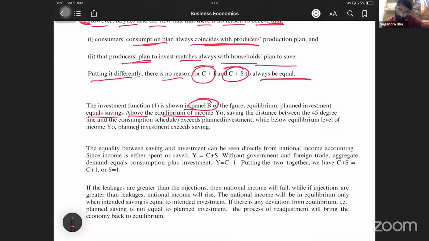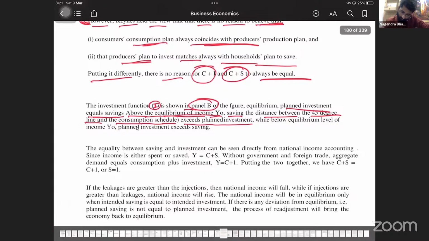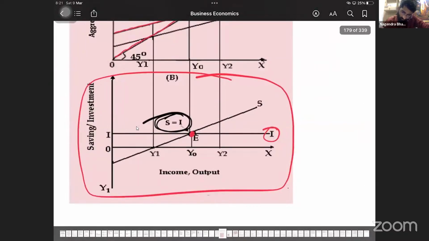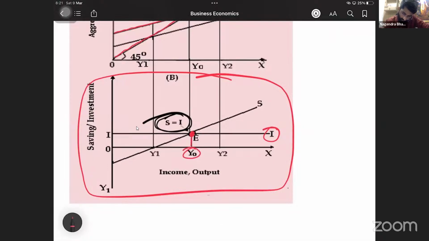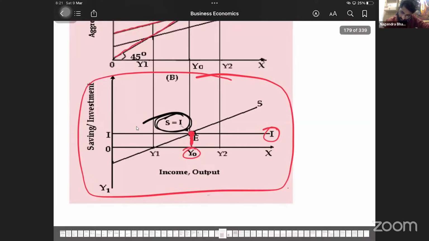Above the equilibrium income, savings, the distance between the 45-degree line and the consumption schedule, exceeds planned investment. So from your Y0 income here, fine.